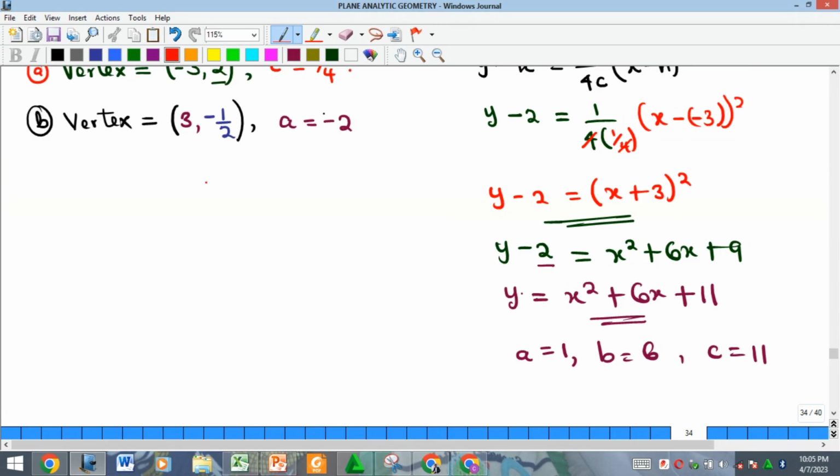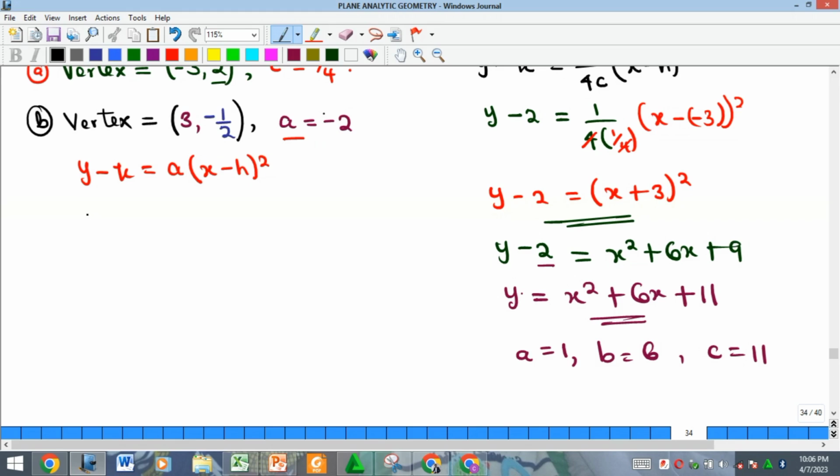Now we can look at the second example. Here they ask us to find the equation if the vertex is this way. So if we write our equation the same way, y minus k is equal to, in this case we just use a since we are given our a. So a into the bracket of x minus h all squared.